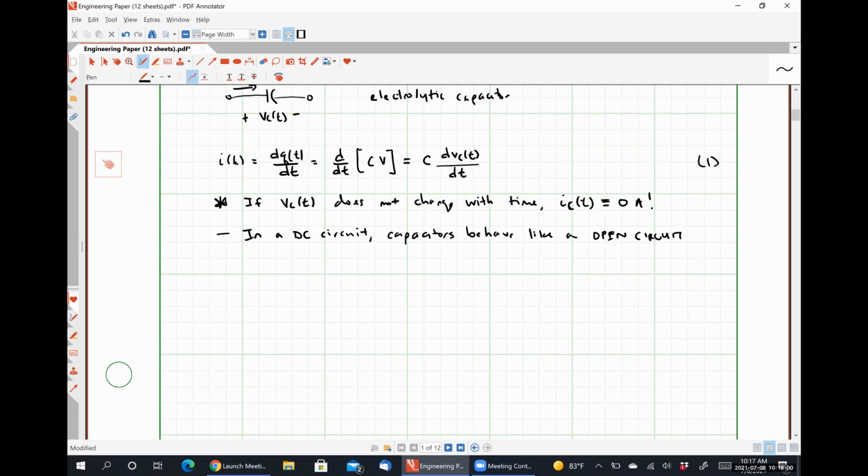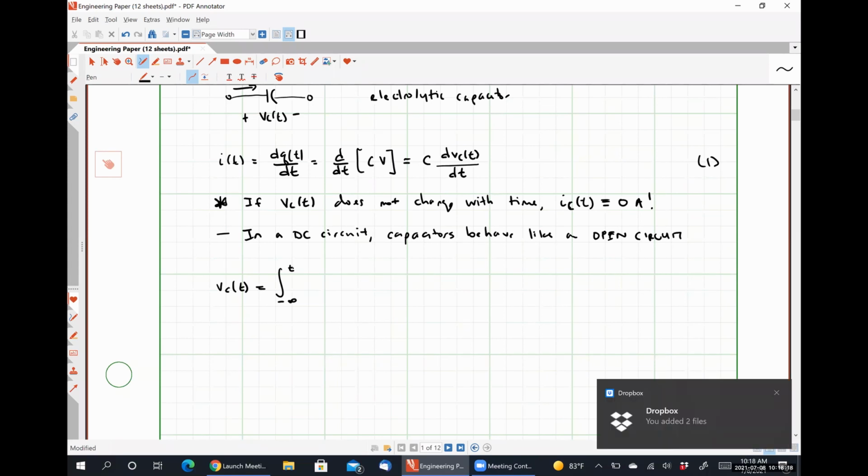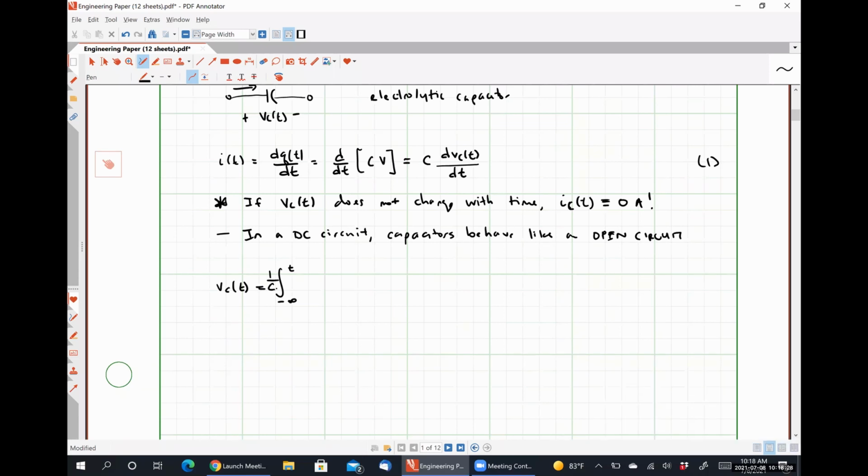If we rearrange it slightly, we'll find that the voltage across a capacitor is the integral from negative infinity to some point in time we're interested in of 1 over C times the integral of I_C(t') dt'.